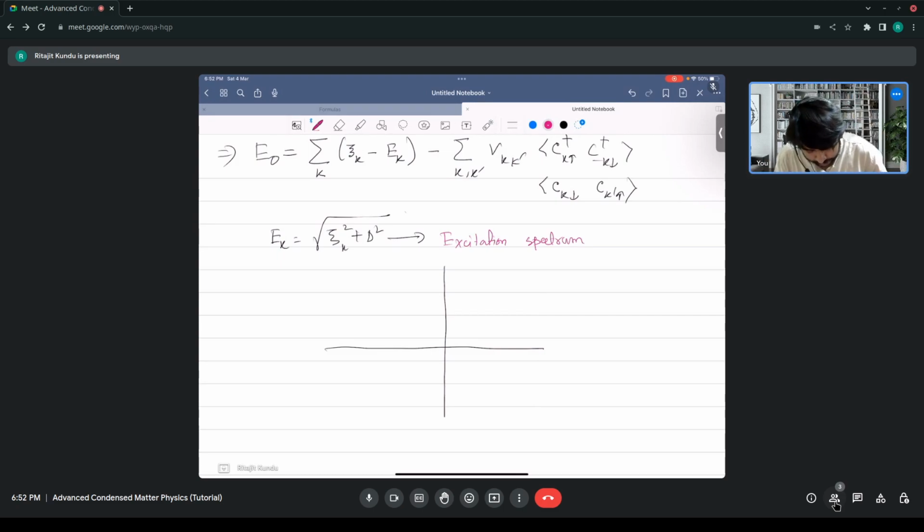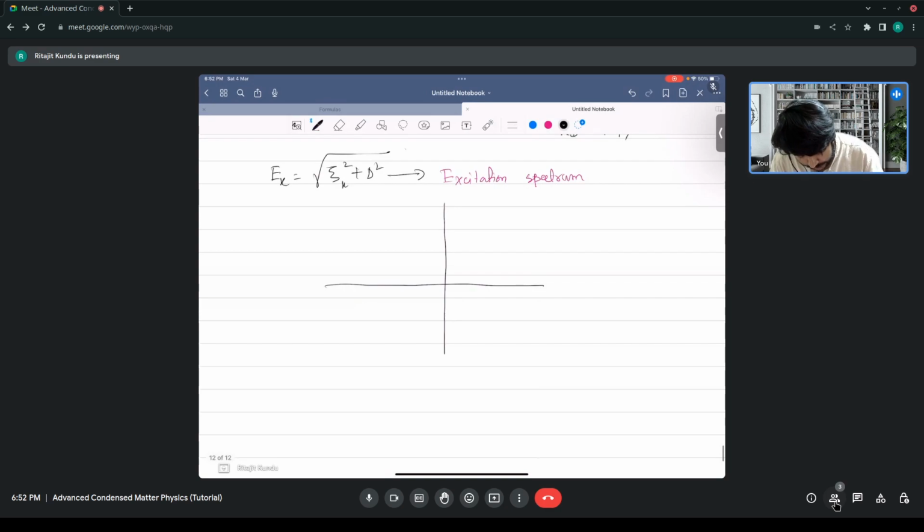Okay, so how do you draw that? There is a nice trick to draw this. First you draw the particle band, which looks something like this, k squared, and let's say this is your E_F. Then you invert it. So this is your E_k, and this other thing is your minus E_k, right?